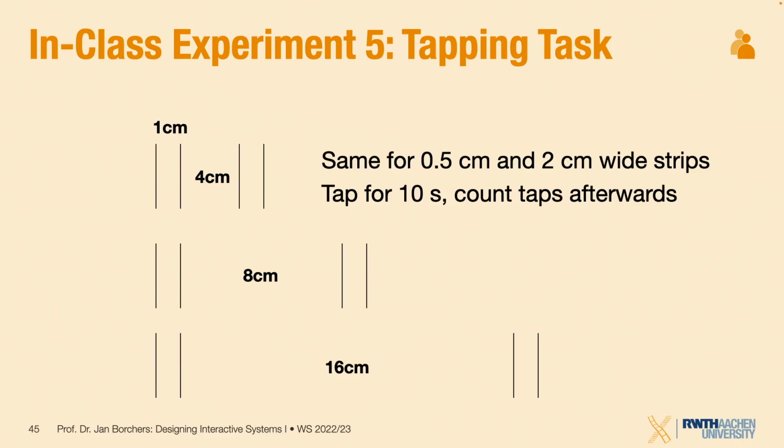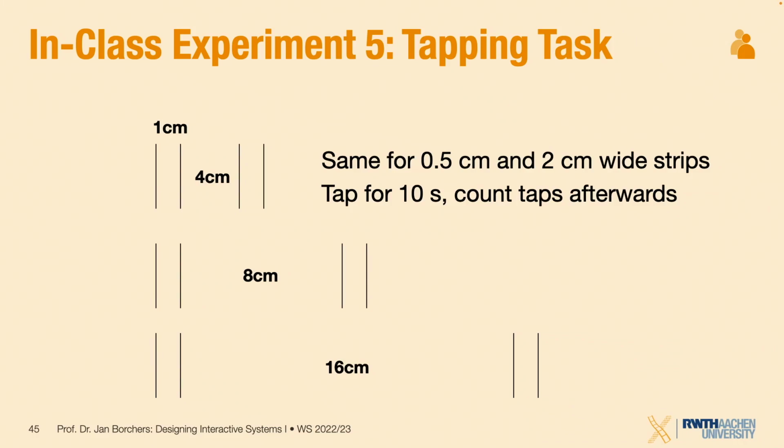So get the handouts out that you have and take a look at these 3 sets of lines, okay? What I'd like you to do is to actually just tap between those 2 areas. So when I say go, I'll count you in again, and we'll do this for 10 seconds.